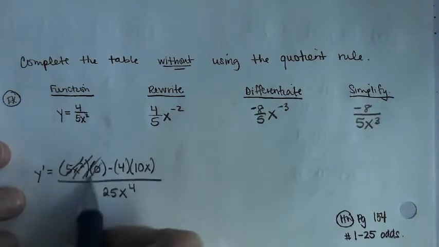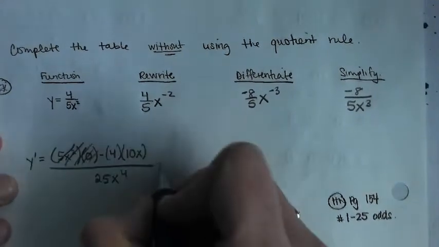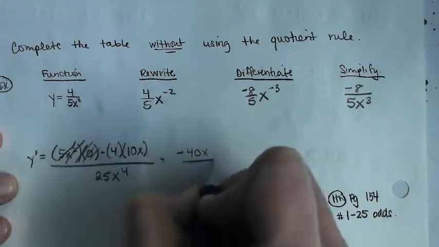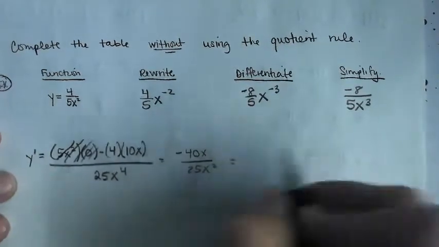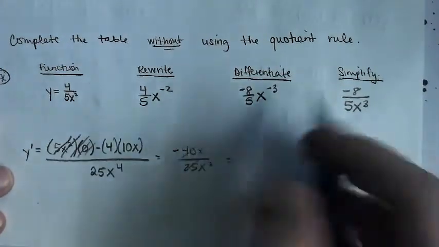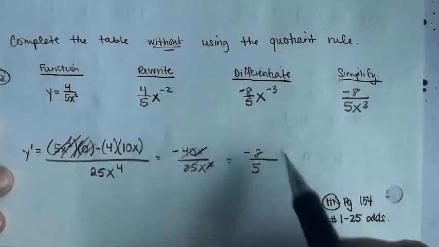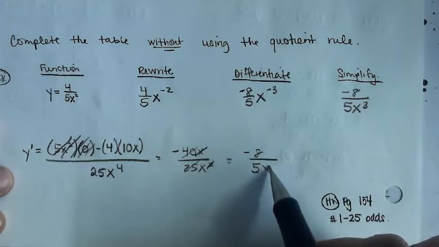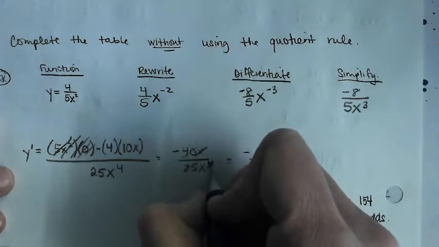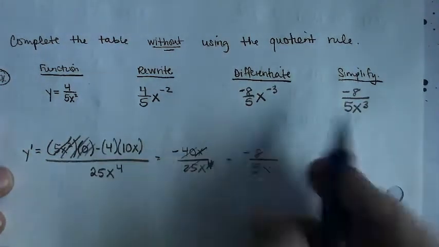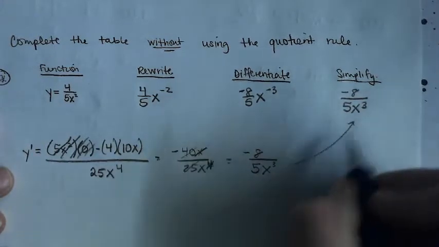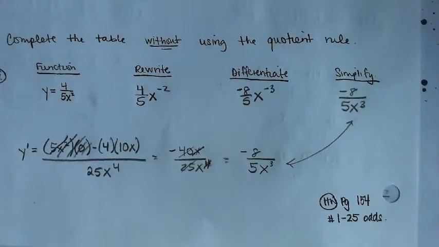So this 0 part would be gone, and it would just be negative 40x over 25x squared. And if you reduce each of these by 5, you're going to get negative 8 over 5. This x will cancel with one of these x's. Oh, it was a 4. Sorry. This x will cancel with one of those, so it'll just leave x to the third, and you obviously see that it works either way.